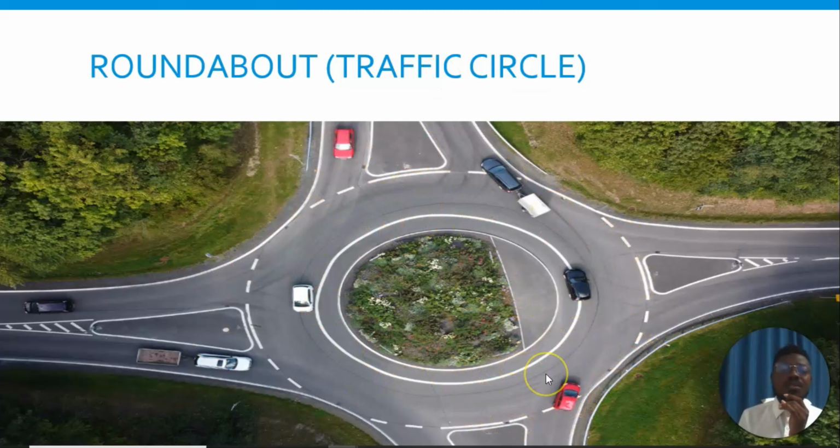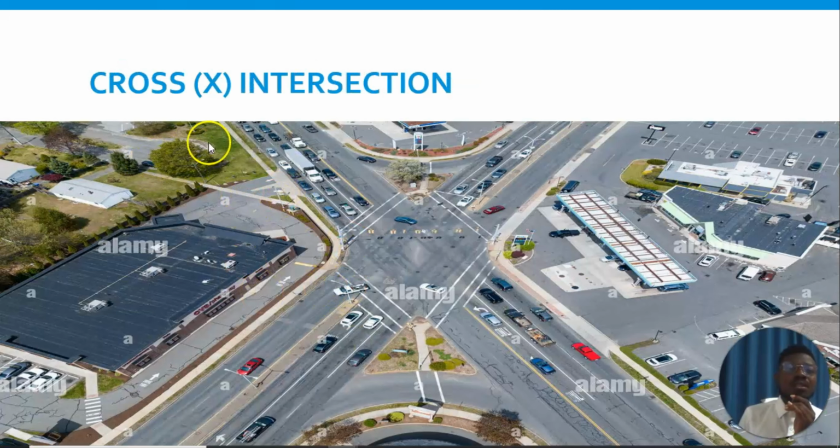When that happens, this is what we call a roundabout. The moment we can see the island, you can see the difference between a roundabout and a cross intersection. We don't have that central island.